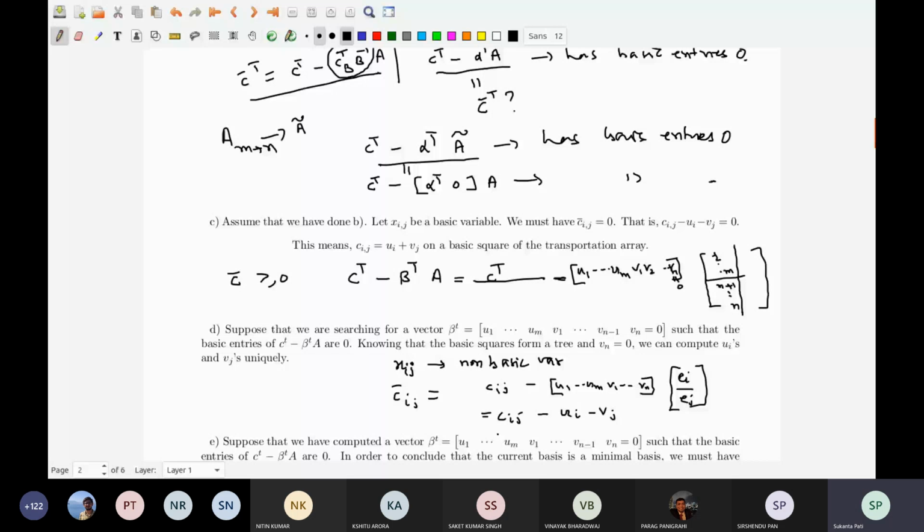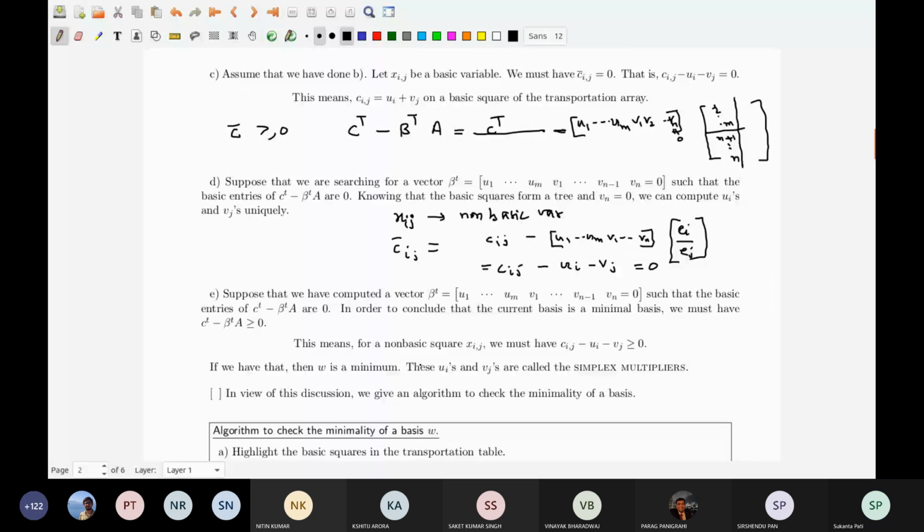Okay, so all you have to do is that, and on basic variables, of course, this becomes 0. And on non-basic variables, this has to be greater than equal to 0. So that is your test. For non-basic squares, you should have this. And these entries of beta, those ui's and vj's, are called simplex multipliers.